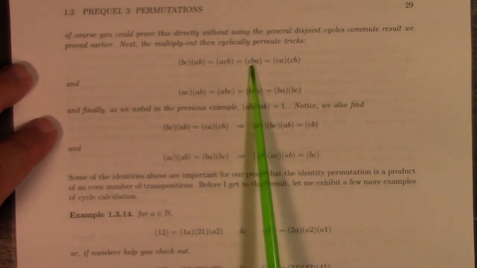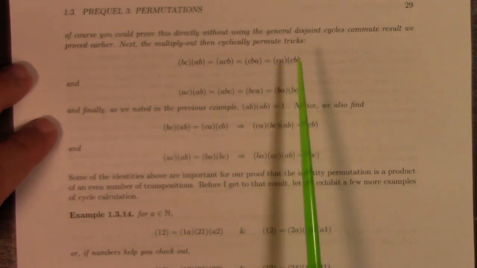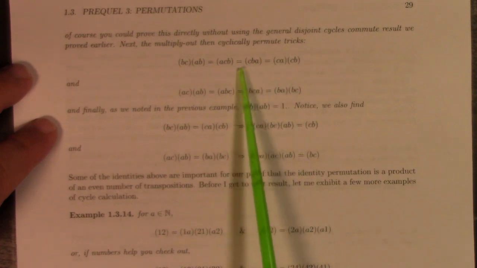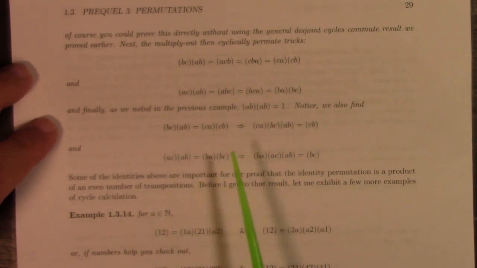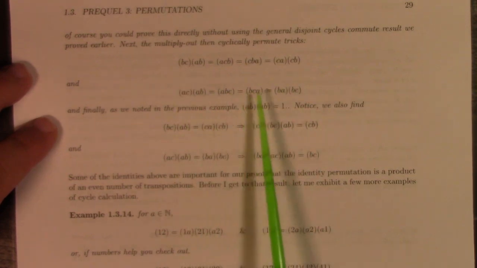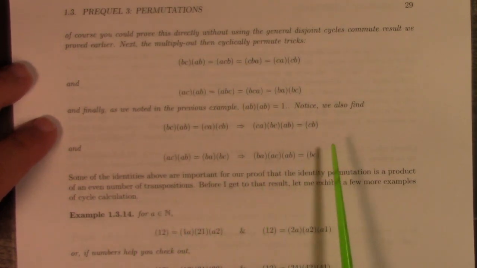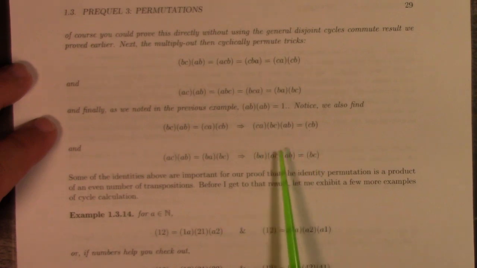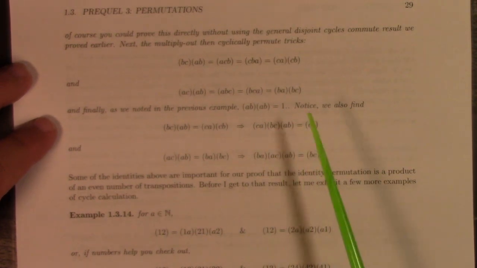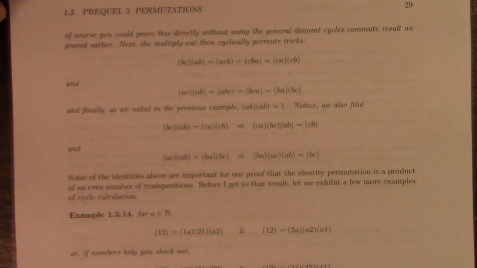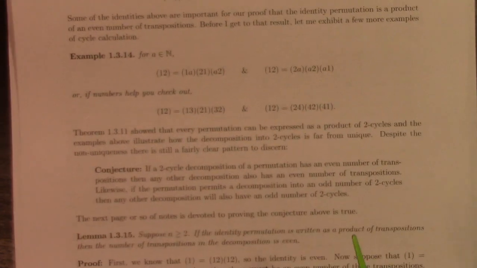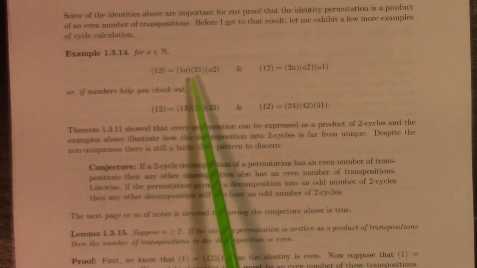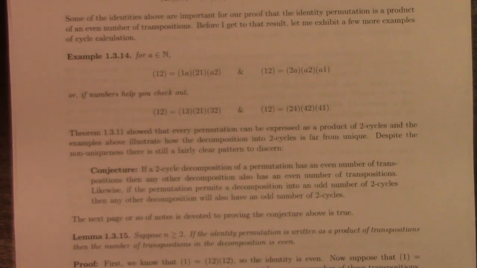And then go back to the first, last, first, middle trick. So this is equal to that, this is equal to that. You can also derive this and that. So these are all handy-dandy permutation transposition tricks. And here's another example of some of these things.